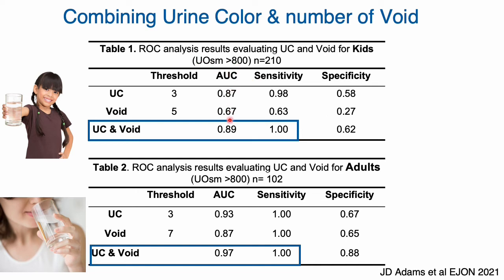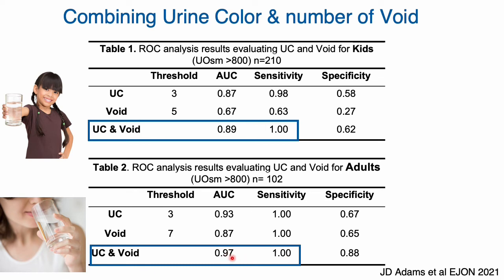And we found that when we combined both of those, the overall predictability of the model was 0.89, so 89% overall predictability, and the sensitivity, or the ability to correctly identify people who were underhydrated, was 1.0 or 100% in children, and very similar data for adults.